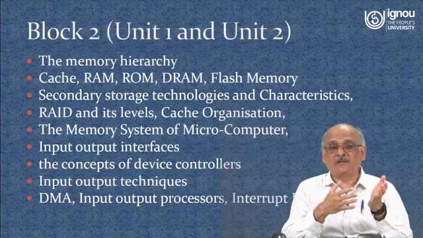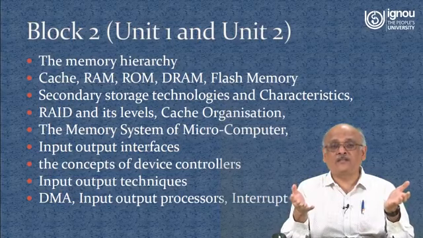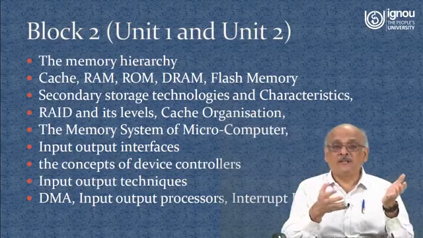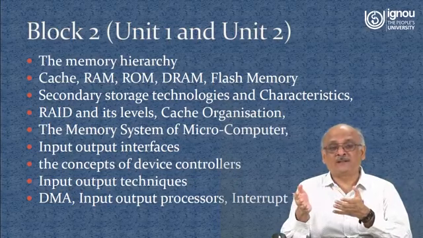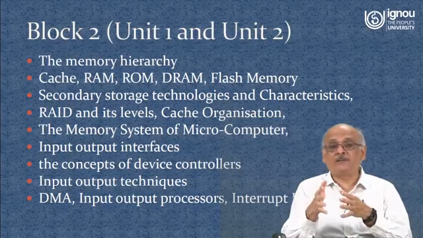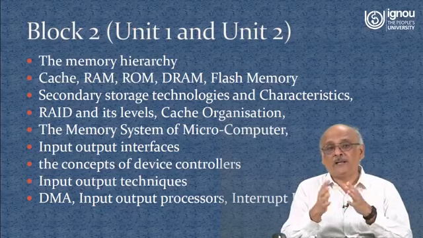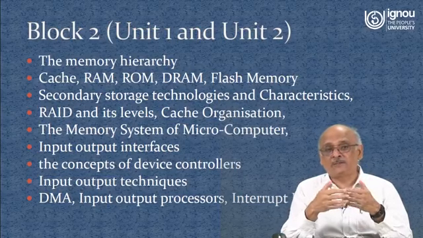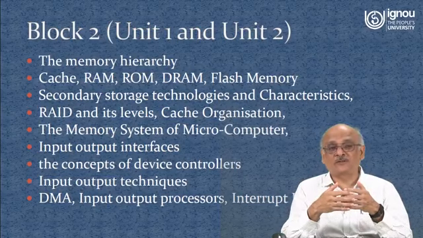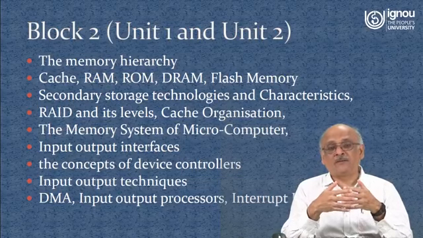Reliability in the sense that there are 2 locations where data is stored. So even if one disk goes bad, you have the other disk available. But how is that reliability going to be built in? That is one piece of information. And then whether we can take simultaneous input output from those arrays of disks, right? That forms the basis of RAID architecture.